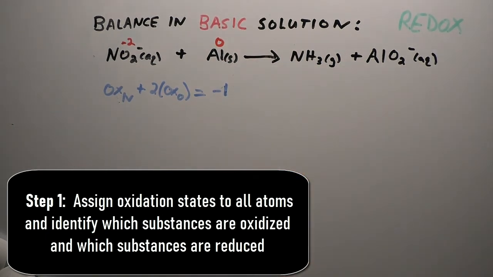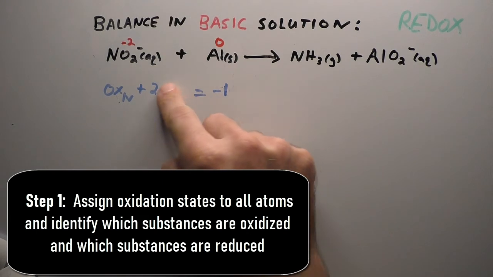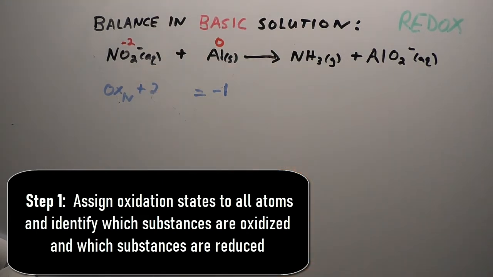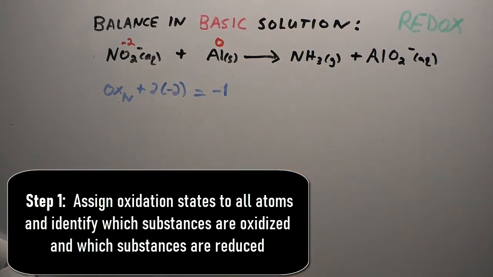We can substitute -2 in place of the oxidation state of oxygen here. So the oxidation state of nitrogen plus 2 times -2 is equal to -1. Simplifying further, 2 times -2 is -4.